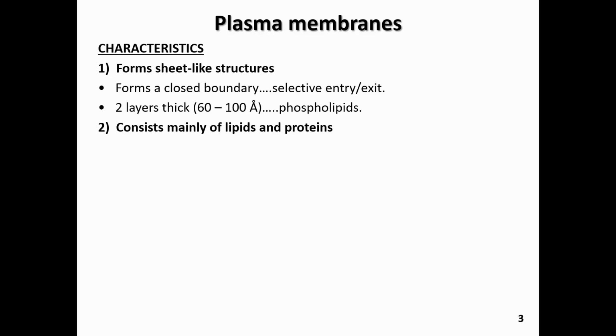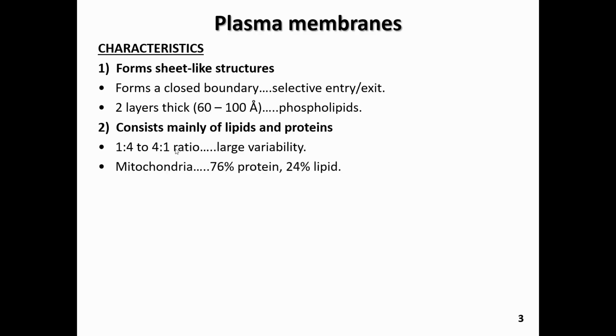The second basic characteristic building off number 1 is that the plasma membrane is largely composed and based upon the foundation of phospholipid molecules, but are embedded with proteins. And depending upon the type of cell, the ratio of lipids to proteins ranges anywhere from 1 to 4 to 4 to 1. So there is a large variability of how many proteins are embedded in that membrane.